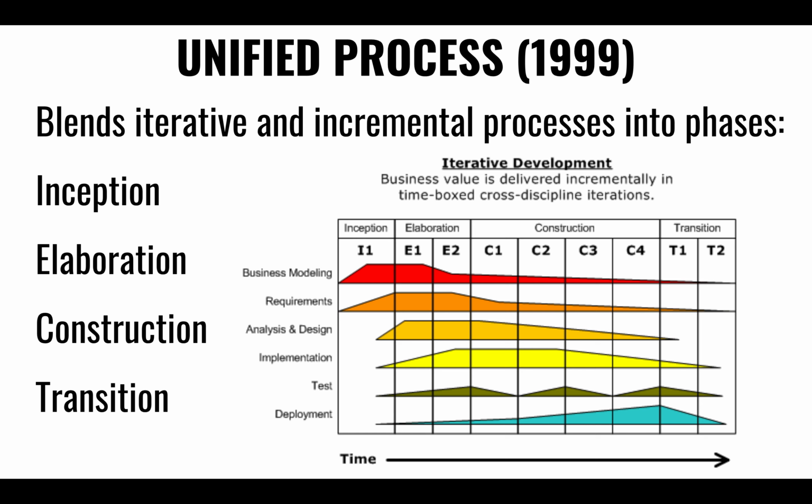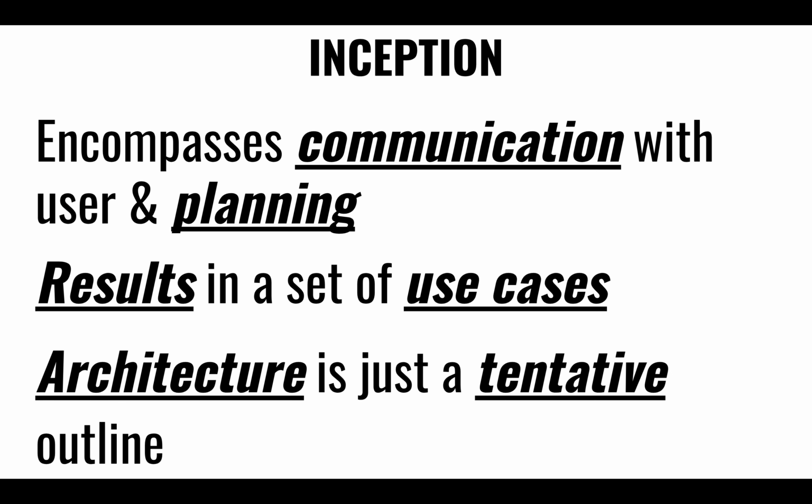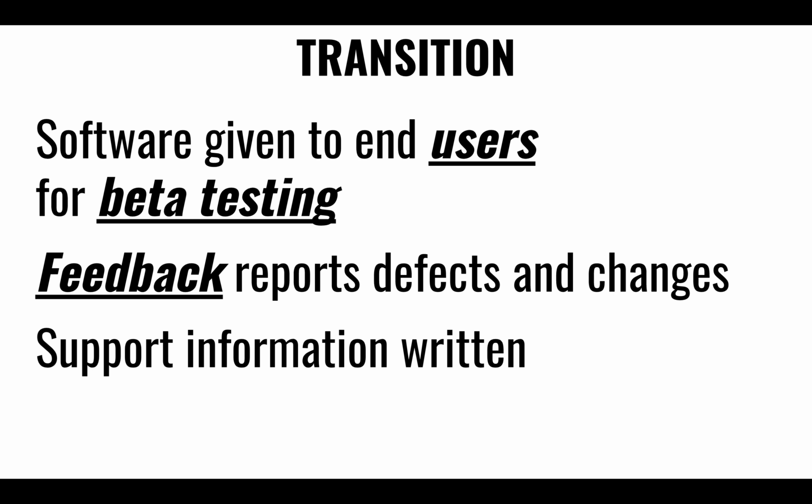Here's examples of using the different layers and then repeating over and over in multiple iterations as you iterate over the results of delivering the product. And at each increment, you provide some software increment that gets deployed into production. All right, I'm not going to go over some of these.